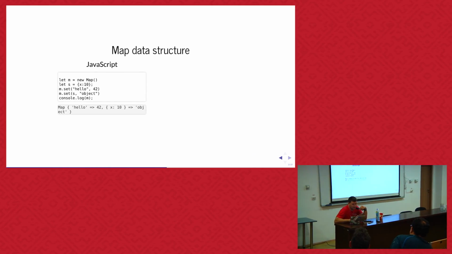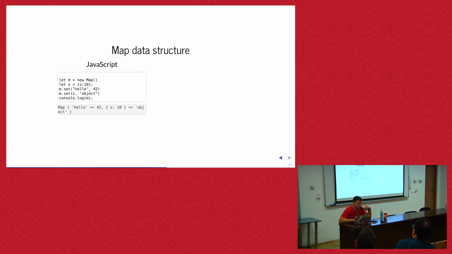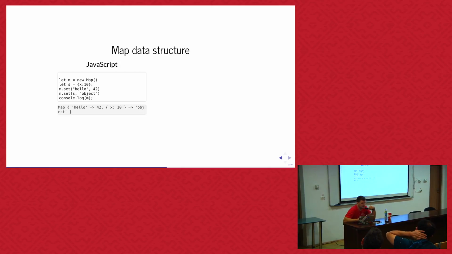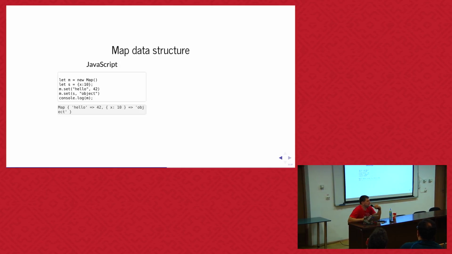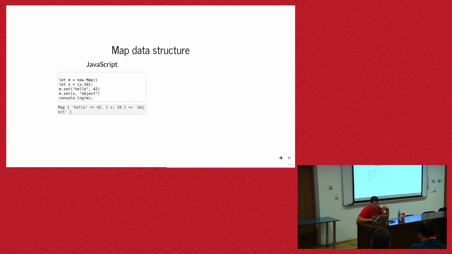The same thing with Map, but Map in JavaScript is a bit different from an object, or like we would call it a hash, because it can use objects as keys. So when you use an object as a key and try to output it to the screen, you get the object serialized as a key. In Perl, I don't know whether we have something similar.